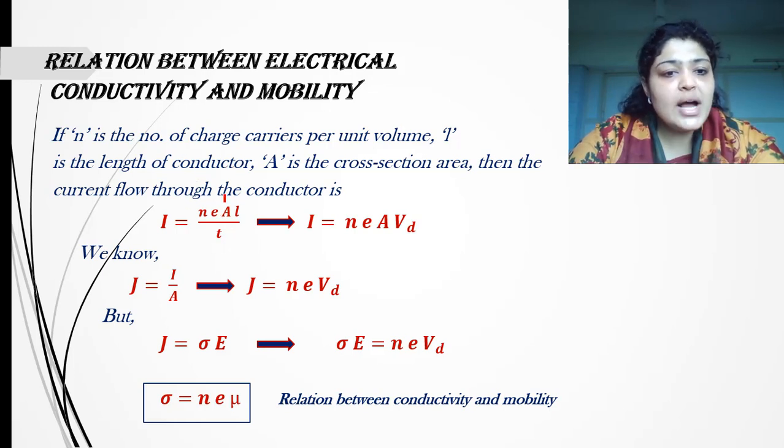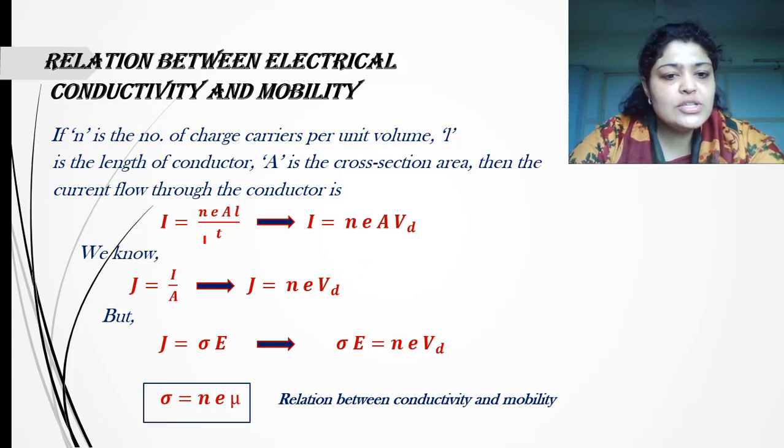So the total charge will be neAL, where n is the number of charge carriers per unit volume, e is the charge of electrons, A is the cross-sectional area, and L is the length, and this t is the time taken. So this much charge, how much time it takes will give us the current.